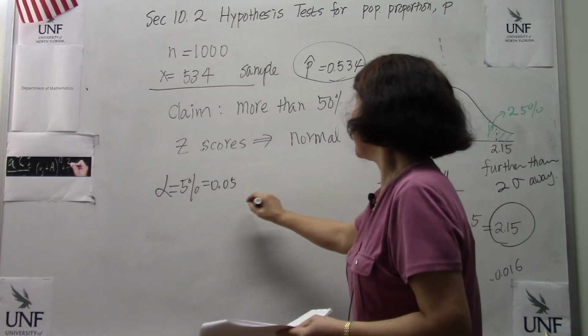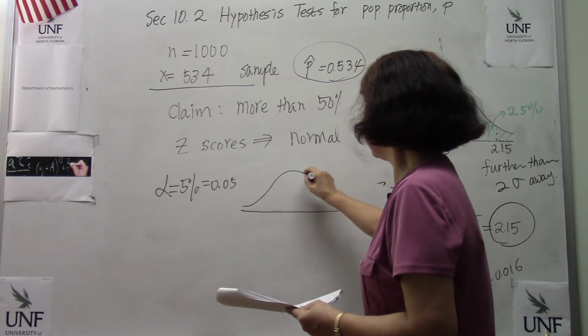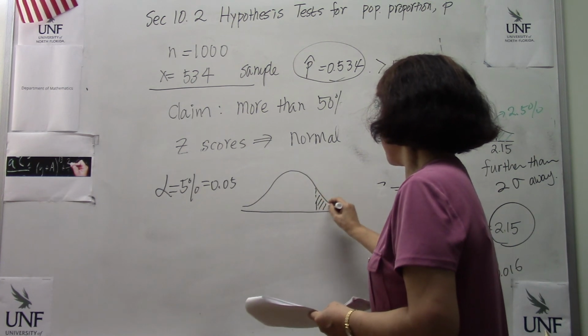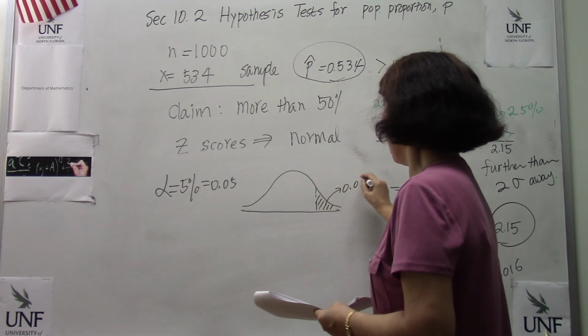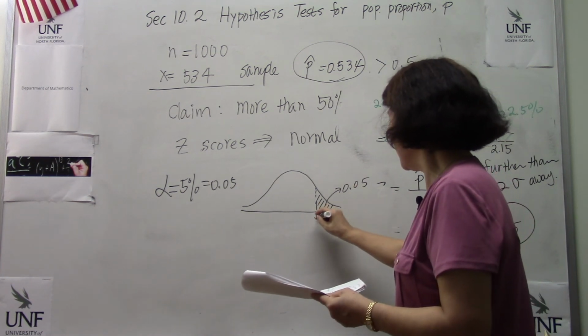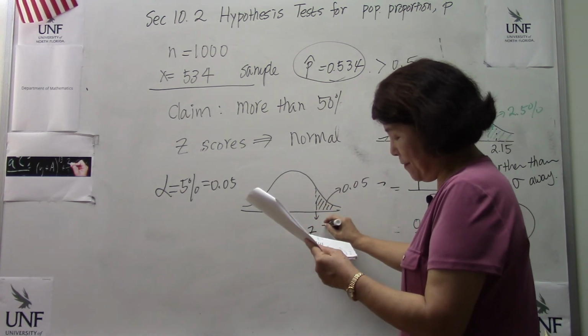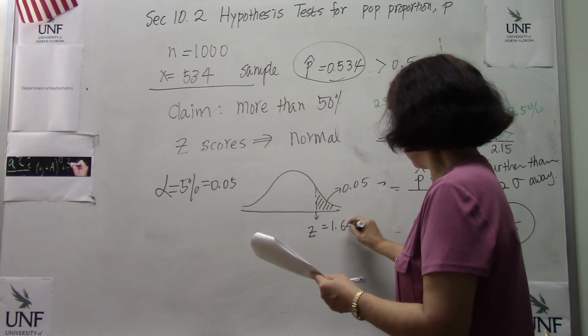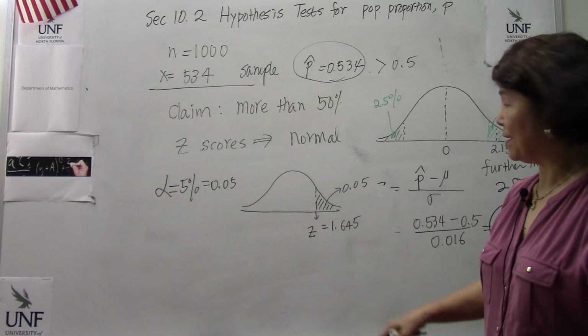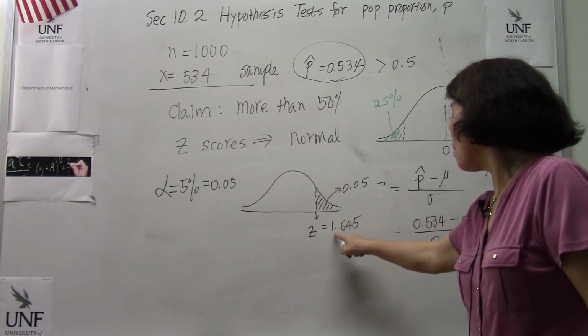If this is a right-tailed test, then this area is 0.05. So what is this z value? The z value is 1.645. Earlier we saw 2.15, which is greater than 1.645.